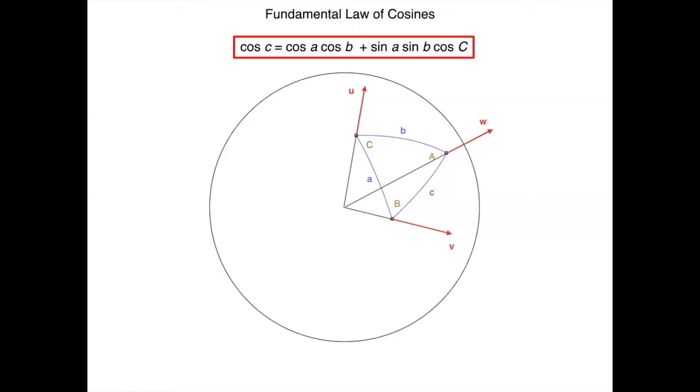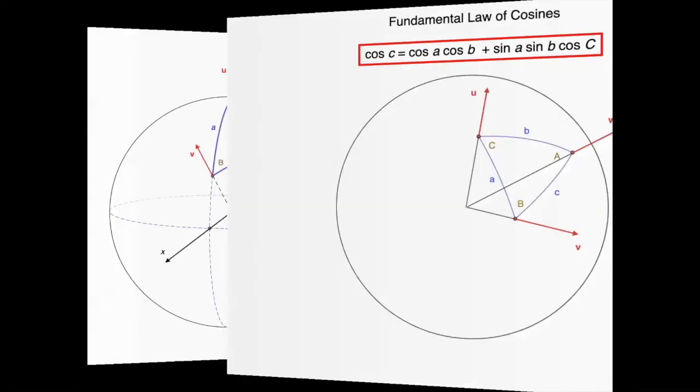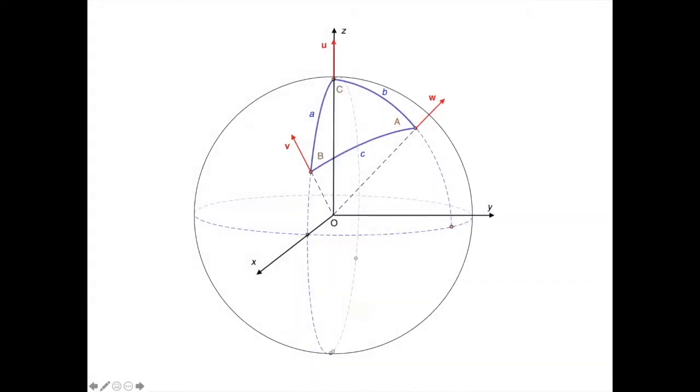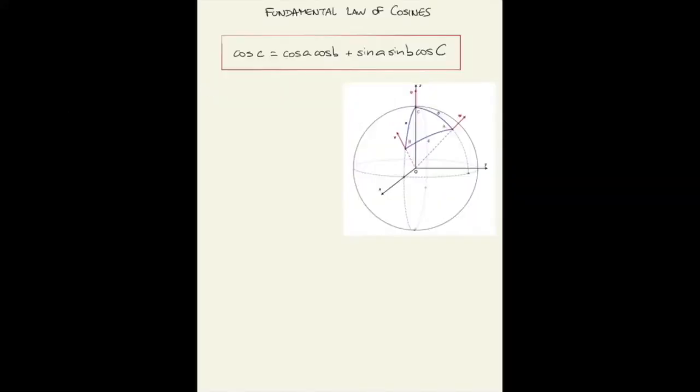We can consider the spherical triangle as in the figure and let U hat, V hat, and W hat be unit vectors from the center of the sphere to the vertices of the triangle. Now, without loss of generality, we can align U hat with the z-axis and make V hat lie on the xz plane. Now, in spherical coordinates, where a point is given by its coordinates radius, meridional angle theta, and azimuthal angle phi, the angle theta is measured from the pole.